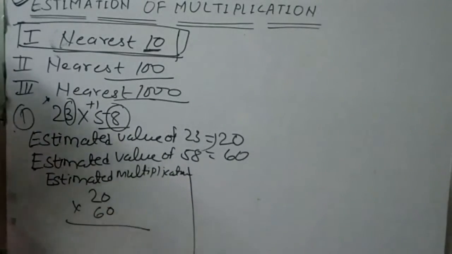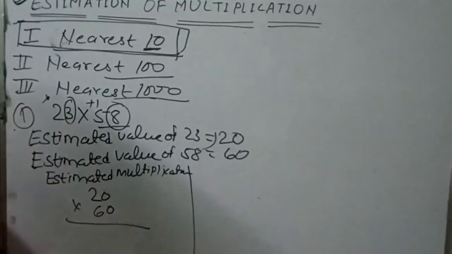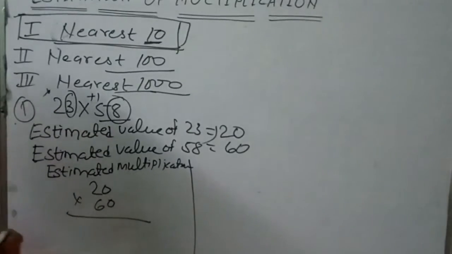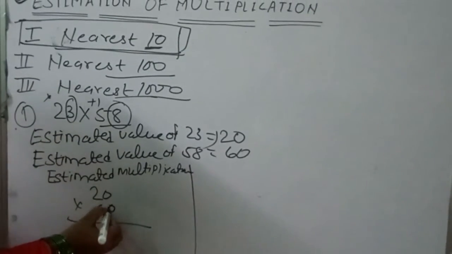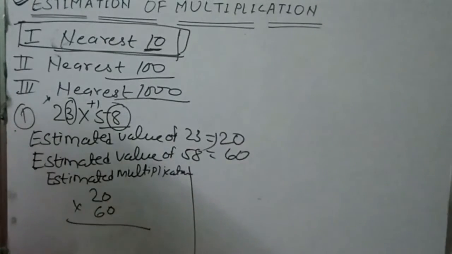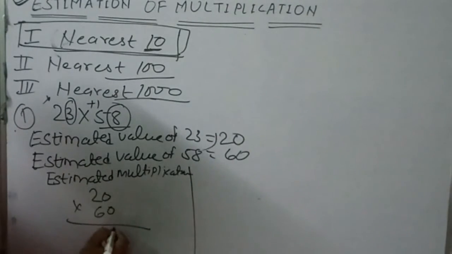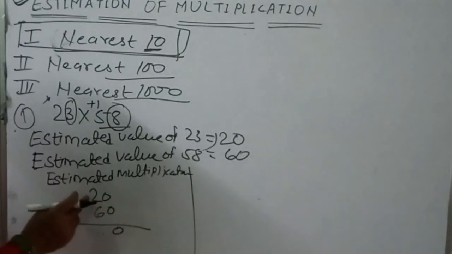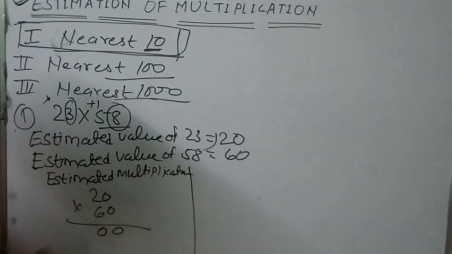I hope all of you know how to multiply the numbers. First, we start from the right side. 0 multiply 0: if you multiply 0 by any number, it will be 0. 0 zeros are 0. Then 0 multiply 2 will also be 0.